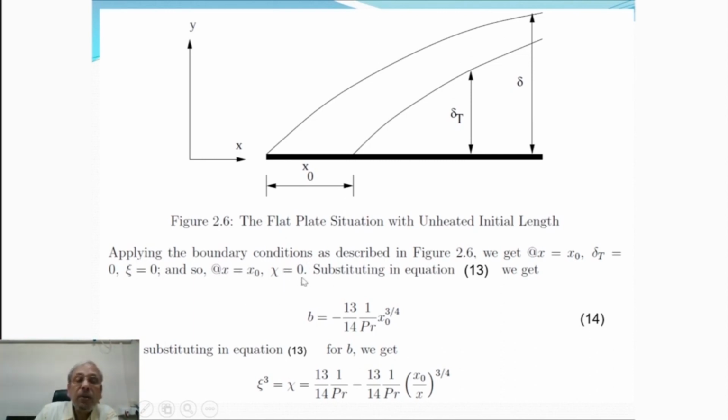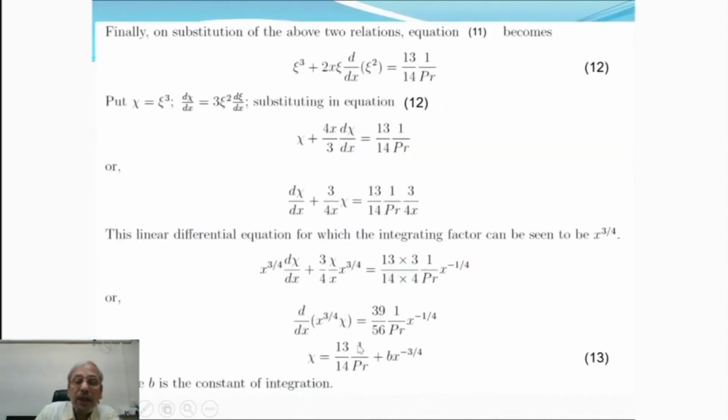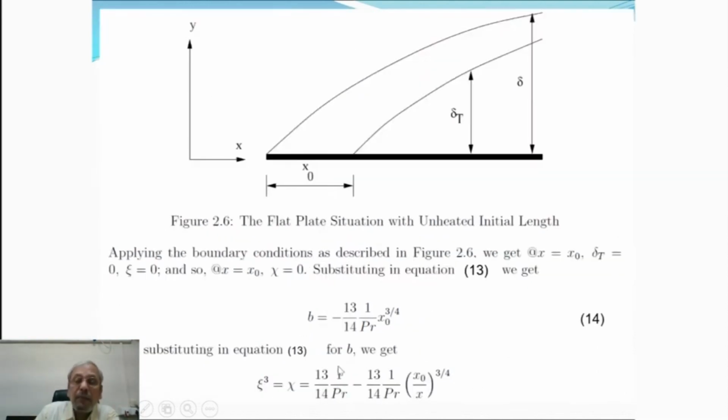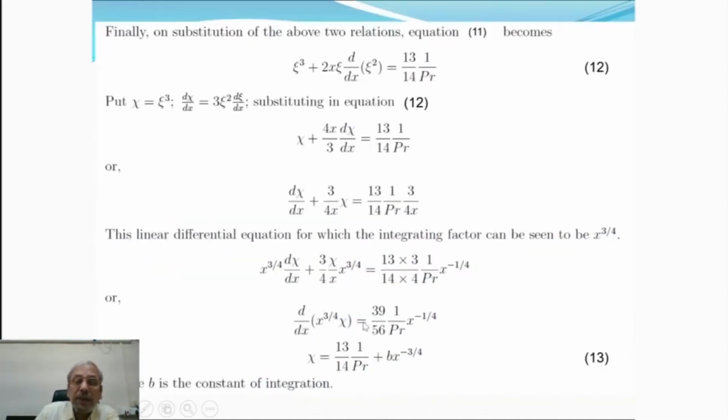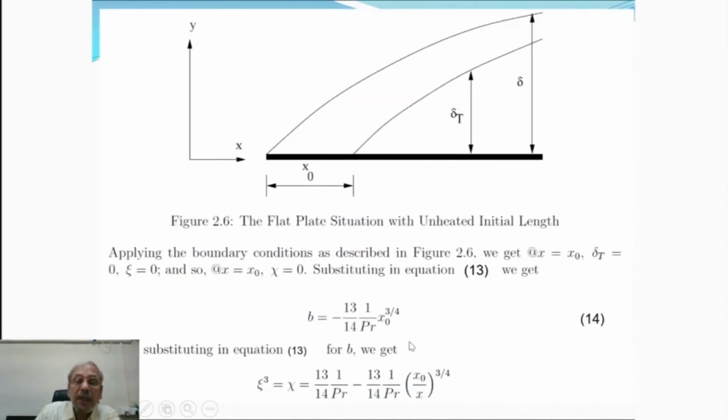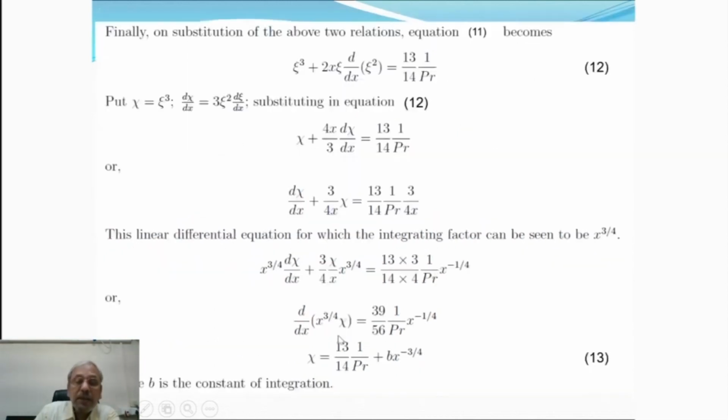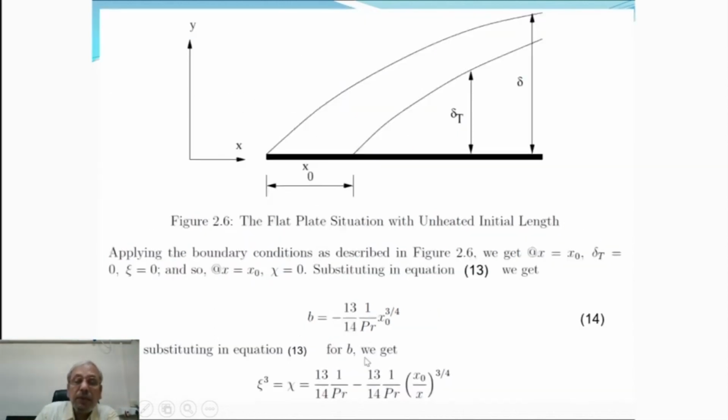So at x equal to x₀, χ is 0. We set this condition here, and from there we get b. After this integration, we got this integration constant b. So b becomes basically minus 13/14, 1/Prandtl number, x₀ to the power 3/4.